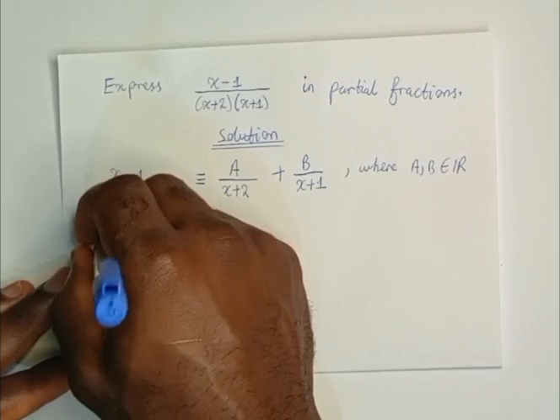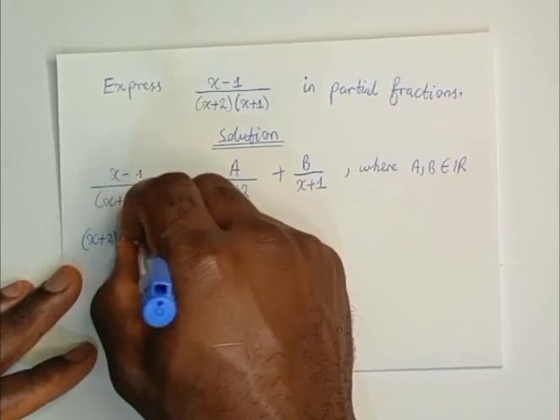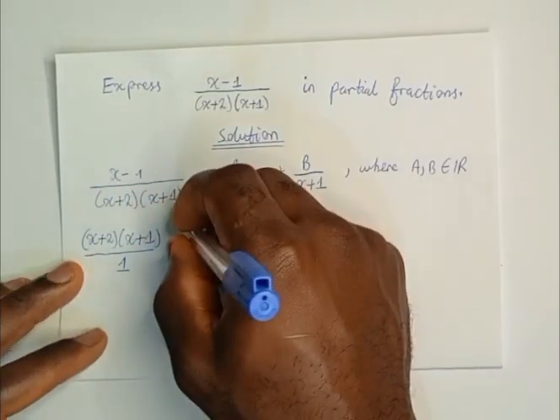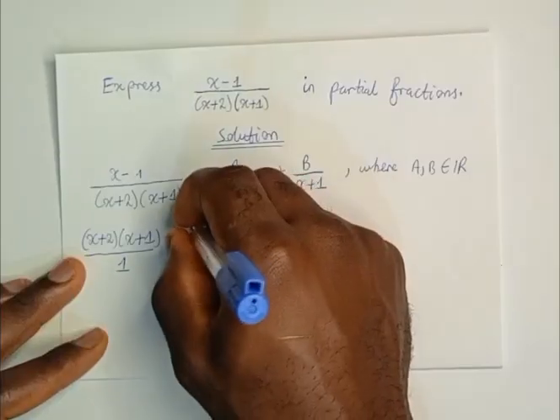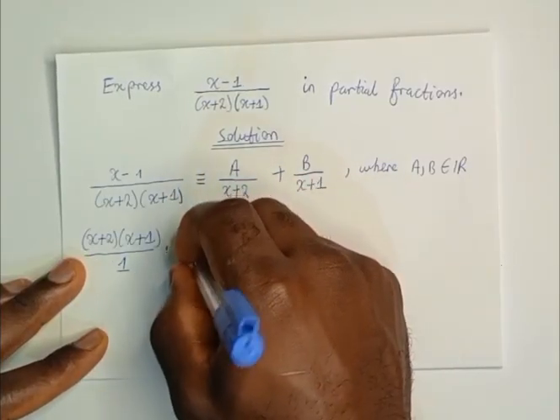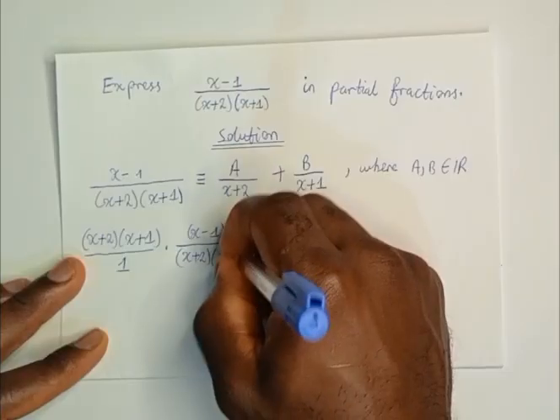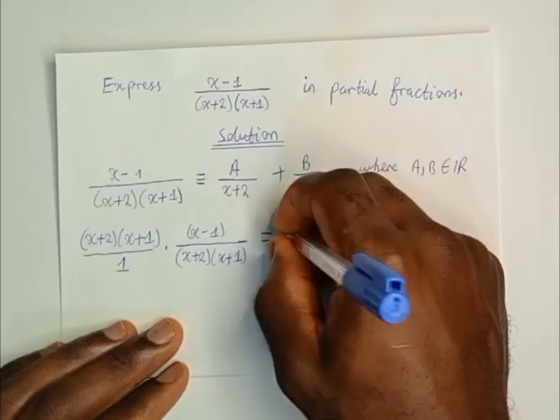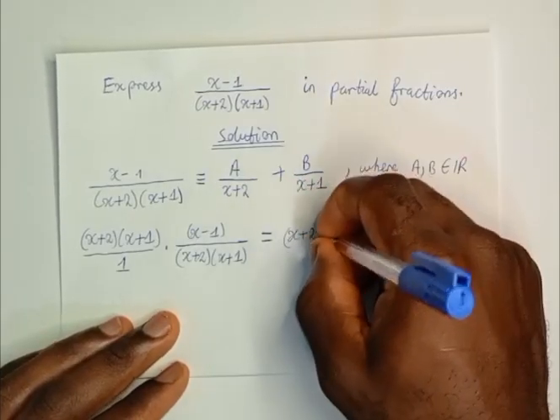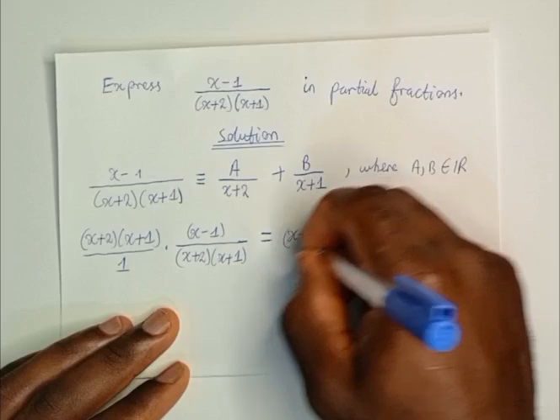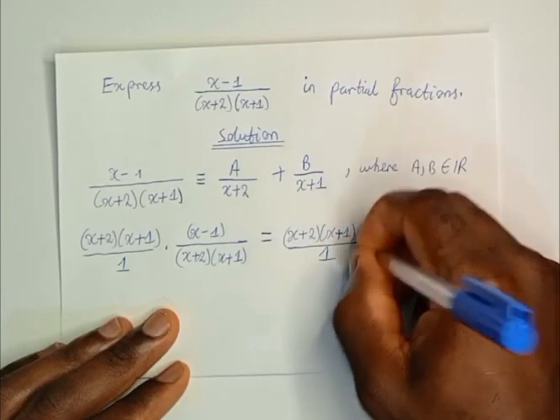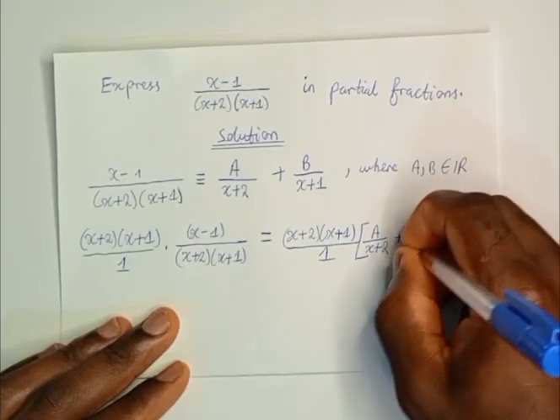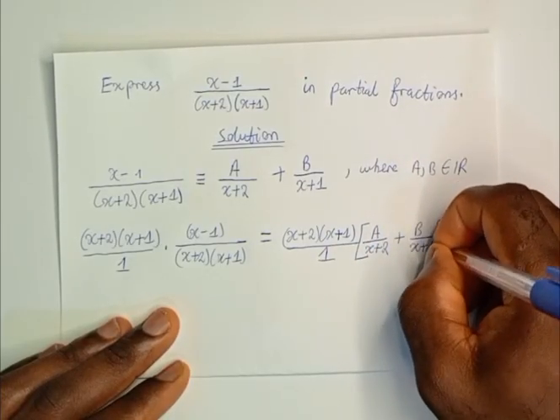Multiplying both sides by (x plus 2)(x plus 1) over 1 times (x minus 1) all over (x plus 2)(x plus 1) will be the same as (x plus 2)(x plus 1) all over 1 times a on (x plus 2) plus b on (x plus 1).